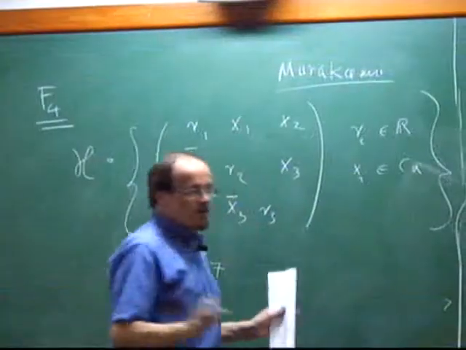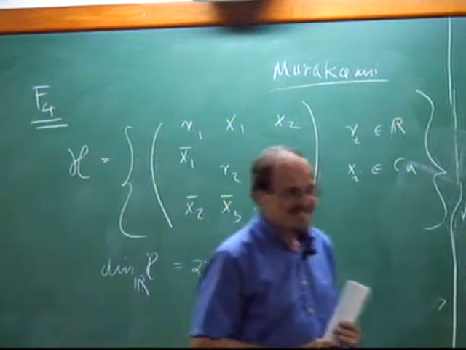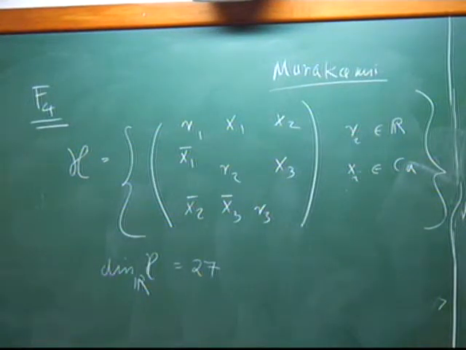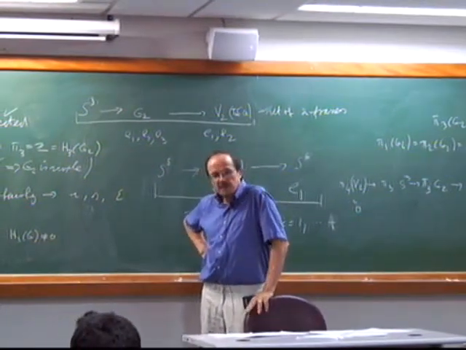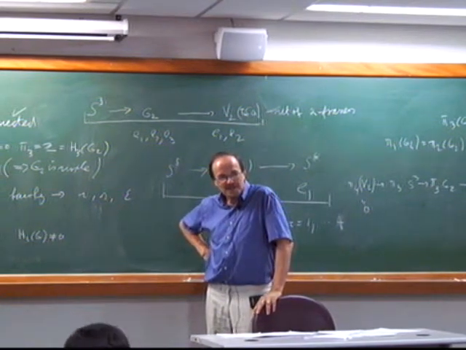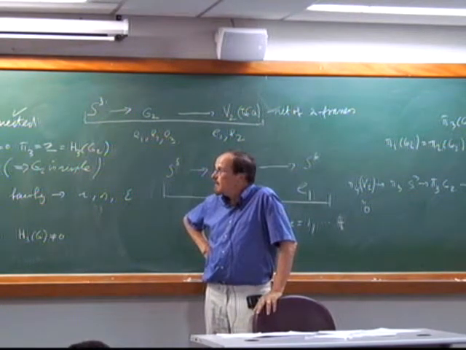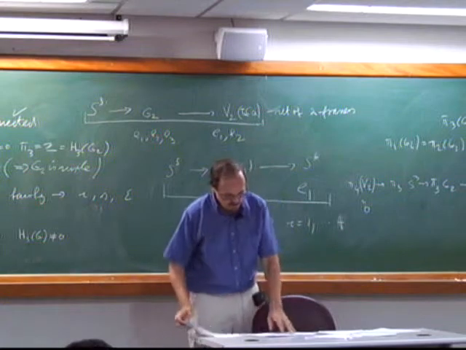He has everything you want to know about G2 and F4. A whole paper, like 50 pages, about G2 and F4. It's well written, but maybe more detail than you want to see. But if you want to look up something, everything about G2 and F4 is in there.